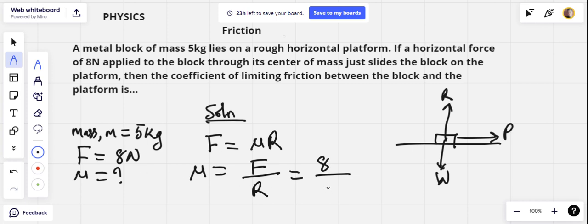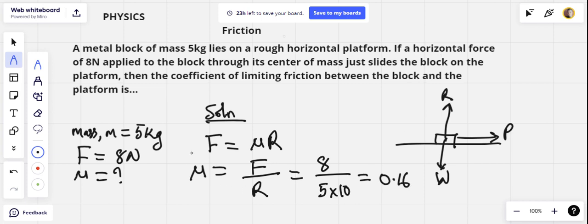The mass here is 5, and the gravitational acceleration is approximately 10 meters per second squared. So this is 8 divided by 5 times 10, that's 8 divided by 50. If you do that math, that will give you 0.16. So the coefficient of friction between the block and the platform is 0.16.